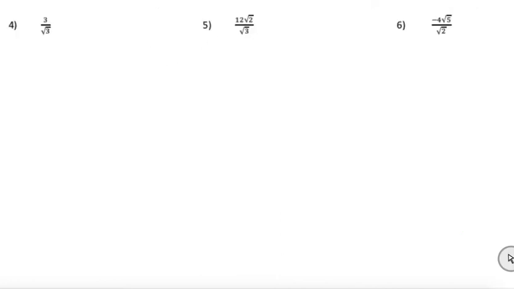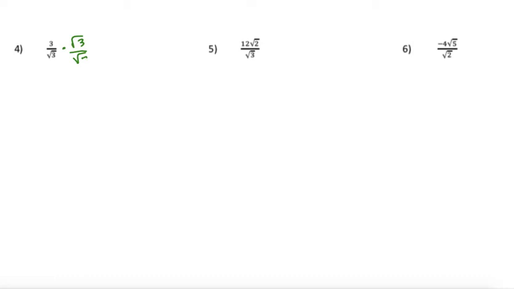Okay, on number 4, we have a radical 3 in the bottom here. So I take radical 3 on top, radical 3 on bottom, and multiply across. 3 times radical 3 doesn't combine, but a radical 3 times itself simplifies. I check, 3 divided by 3 can cancel out, leaving me just with radical 3. On number 5, I have 12 divided by radical 3, but those don't simplify.